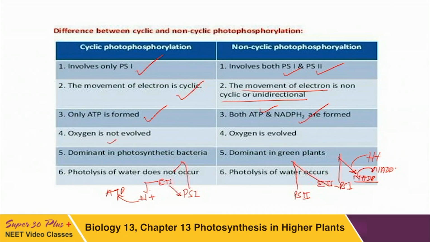Oxygen is not evolved. There is no photolysis of water. Oxygen is evolved, and as a result the electron liberated by photolysis of water will go to the chlorophyll molecule which has given out its electron. Cyclic is dominant in photosynthetic bacteria. Non-cyclic is found in higher plants. Photolysis of water, as I told you, is not here in cyclic. The photolysis of water takes place here.